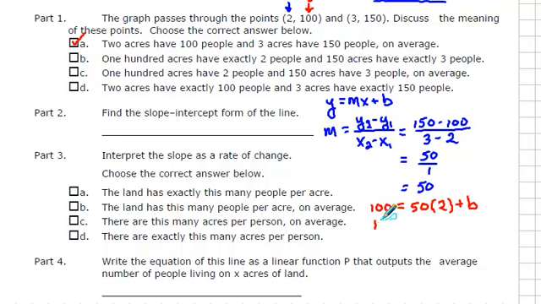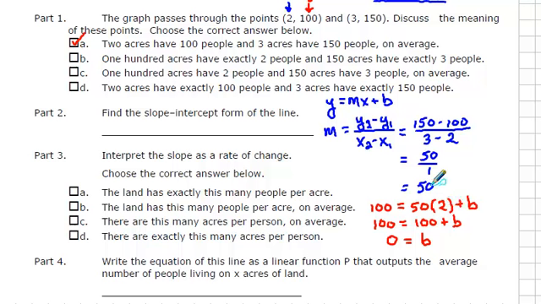On the left, we have 100. On the right, 50 times 2 is 100, and then plus b. To solve for b, we need to undo addition, so let's subtract 100 from both sides, and that gives us b is equal to 0. The y-intercept is 0, which makes sense, because if you had 0 acres, then you would expect 0 people on 0 acres on average.